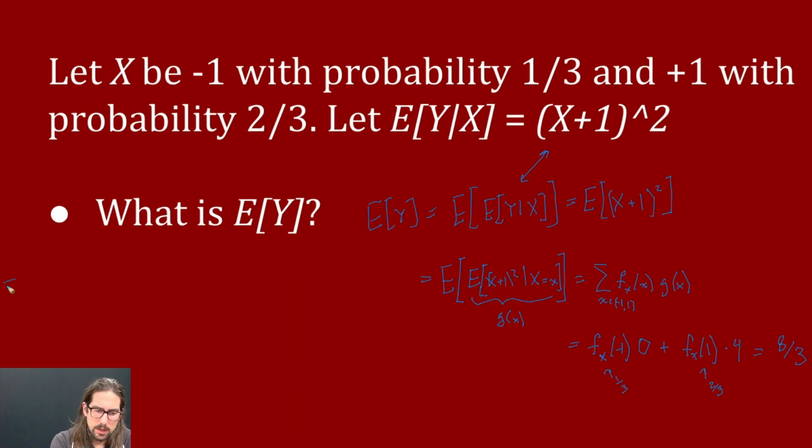I could also have done it more brute force, because this is just a function of a random variable, right? And so it's the same thing, but here I can do f of x times whatever that function is, little x plus 1.